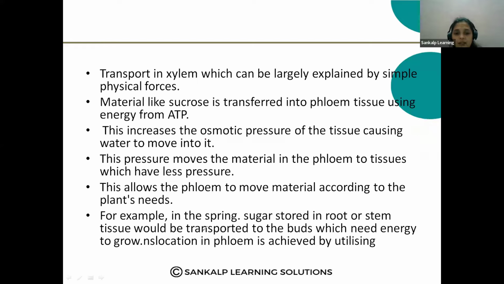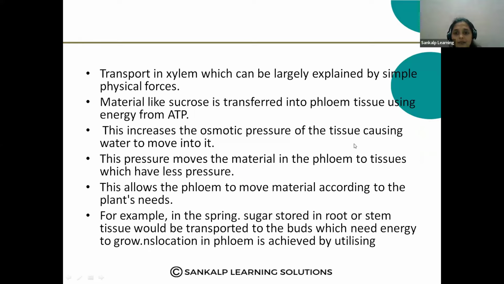And for example, in the spring, sugar stored in root or stem tissue would be transported to the buds which need energy to grow, and the translocation in phloem is achieved by utilizing energy. So this process in phloem takes place by utilizing energy.